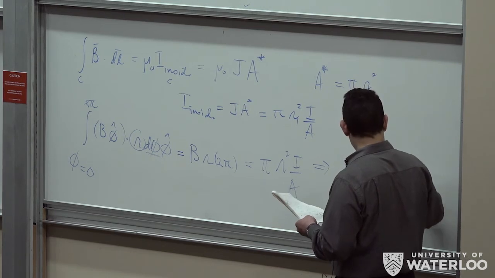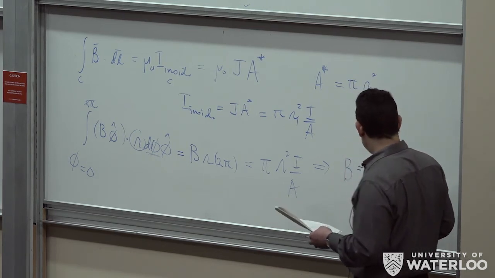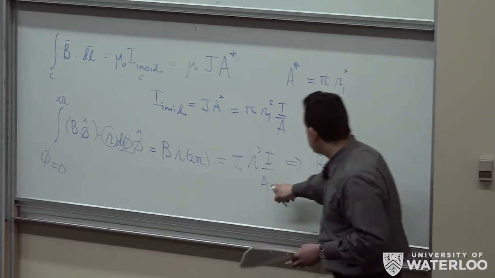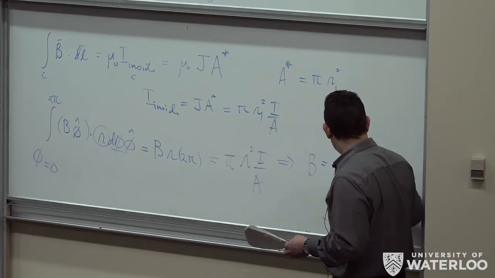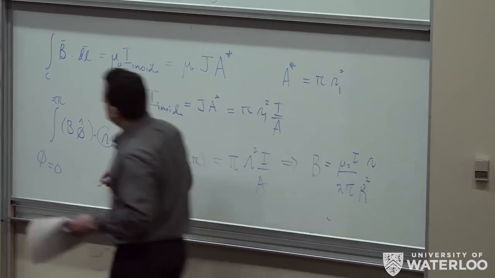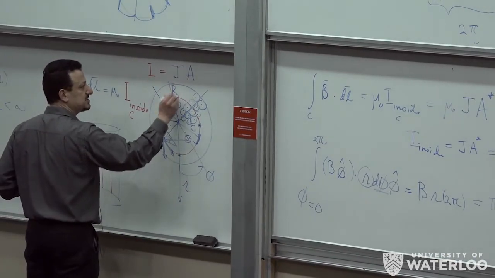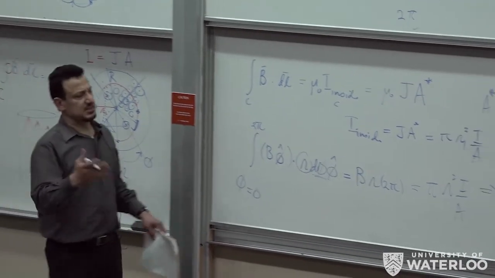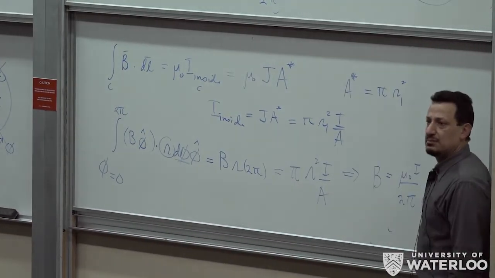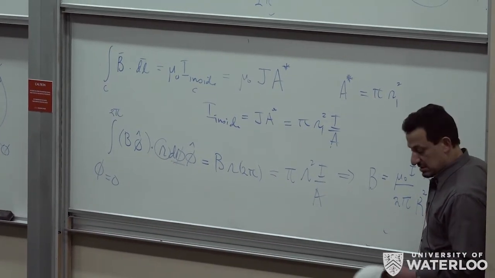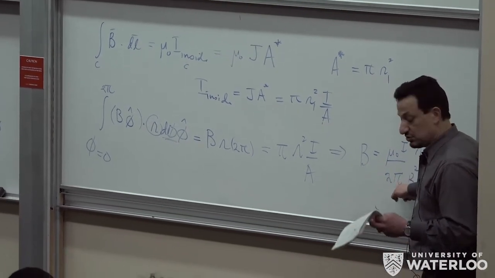This is mu naught I multiplied by R divided by the radius of the bigger circle, capital R. So R is the radius of the wire. I could have left it in terms of A, but this is more general. Okay, I R mu naught divided by 2 pi R squared.